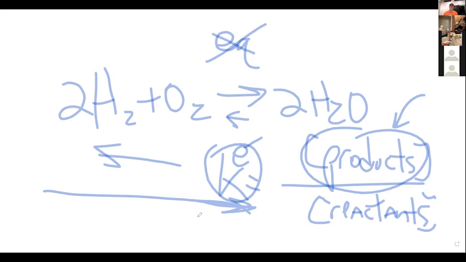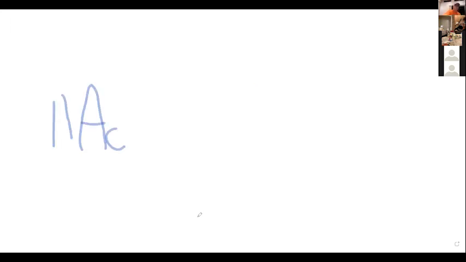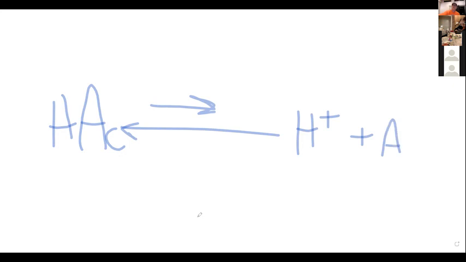So in our instance, with acetic acid, since this equilibrium strongly favors the reverse reaction, the concentration of H plus and acetate ion are going to be really small.